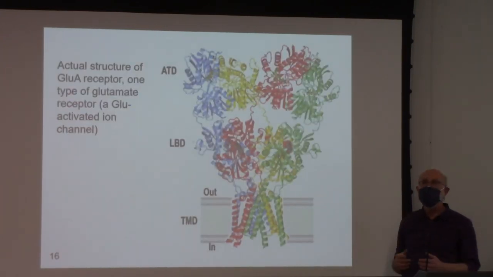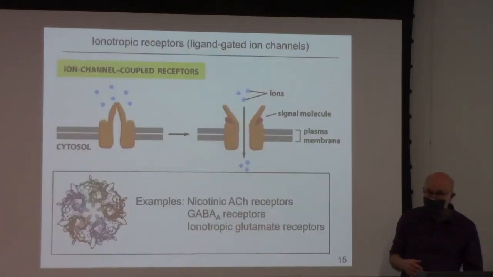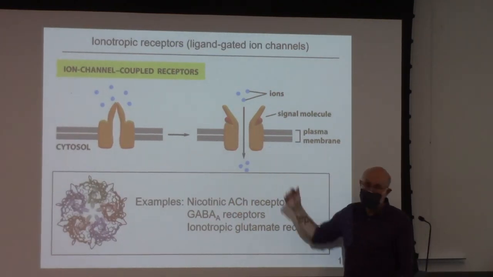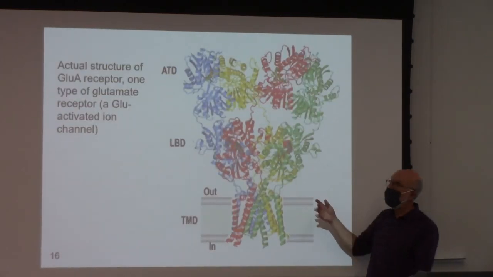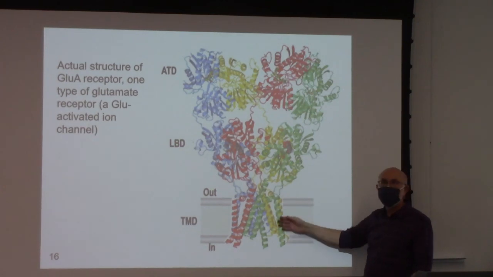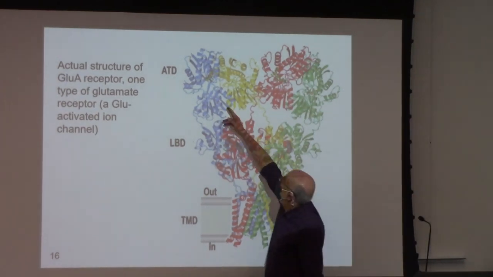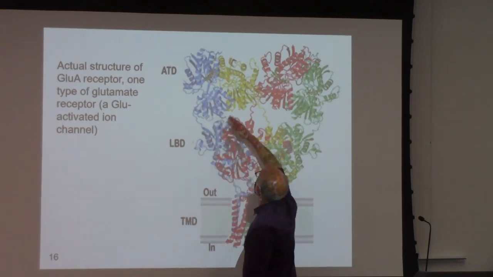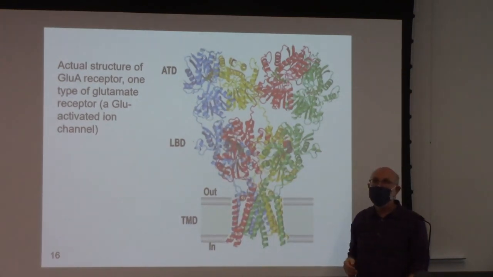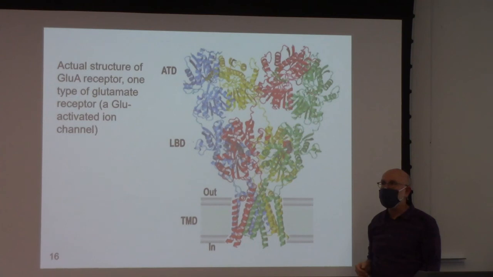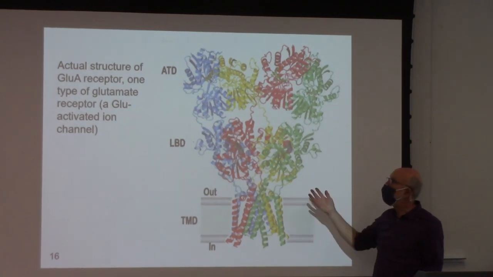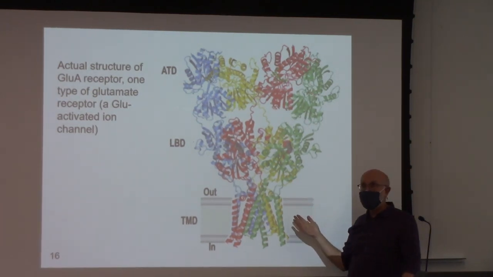Here's a, remember it's not a blob. It's a protein with transmembrane alpha helices and beta sheets and subunits, usually colored, to give you a sense of a subunit composition. So this is a glutamate receptor.